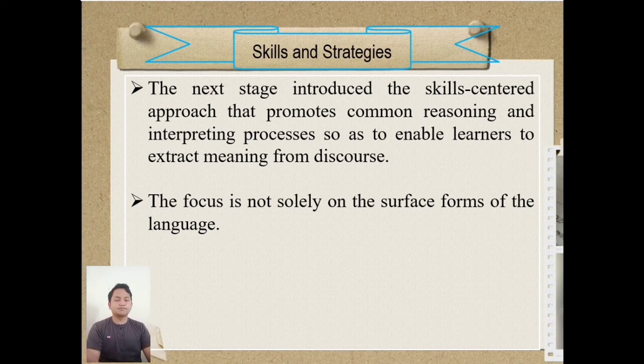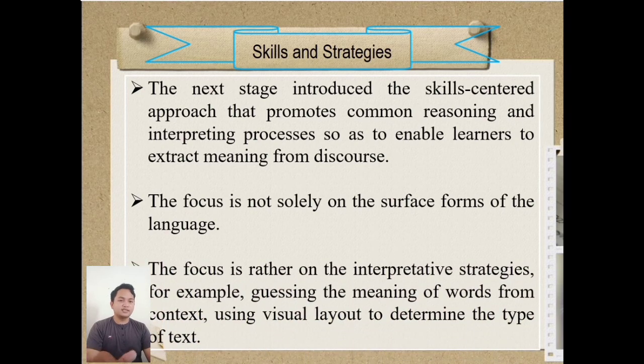The focus is not solely on the surface form of the language. The focus is rather on interpretive strategies, for example, guessing the meaning of words from context, and using visual layout to determine the type of text. This is the step that we do in interpretive strategies in skills language.